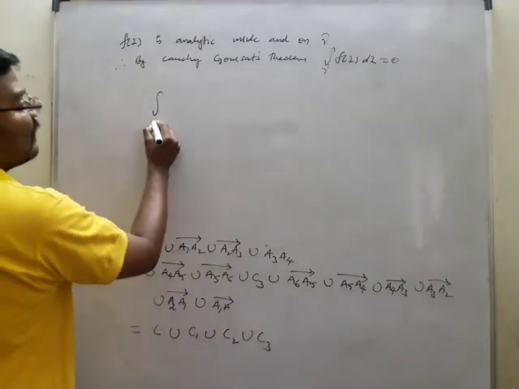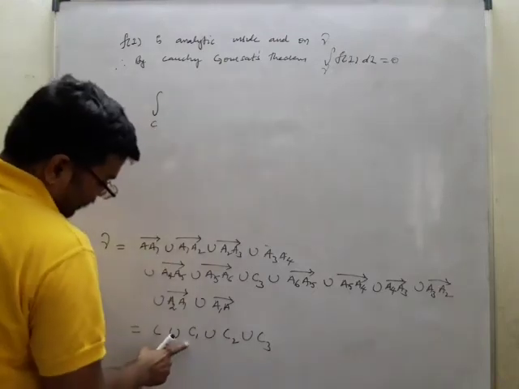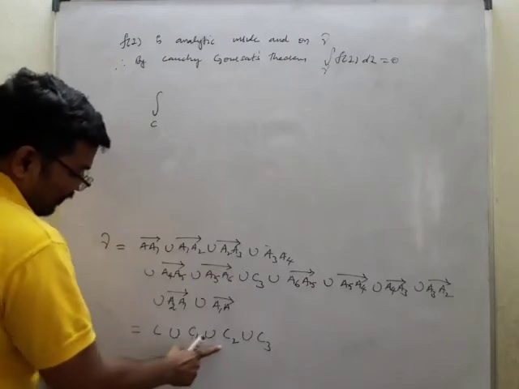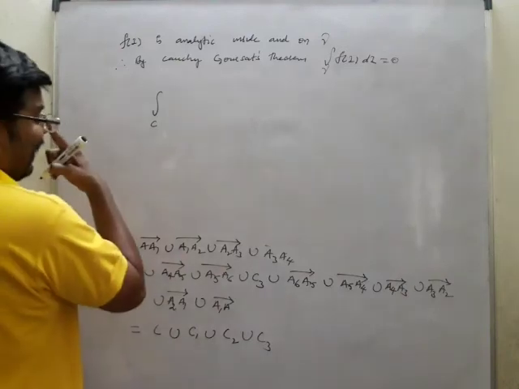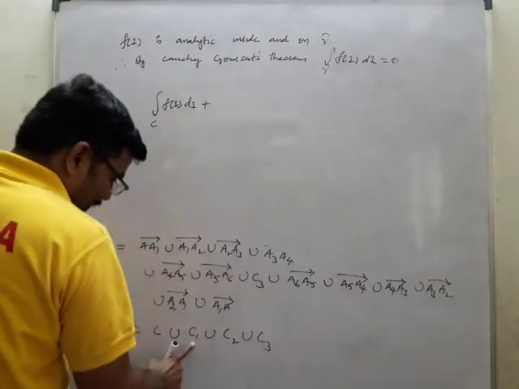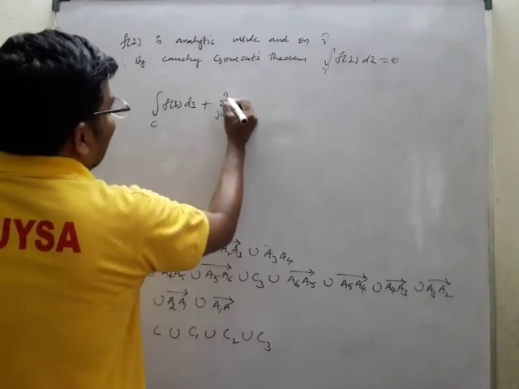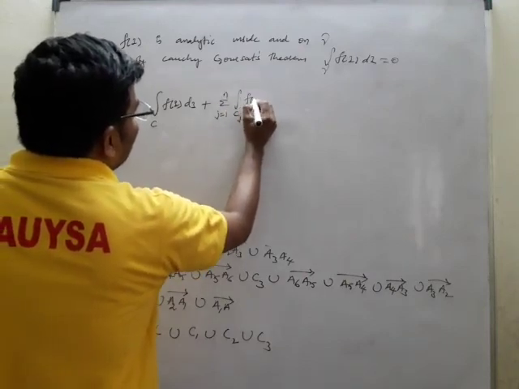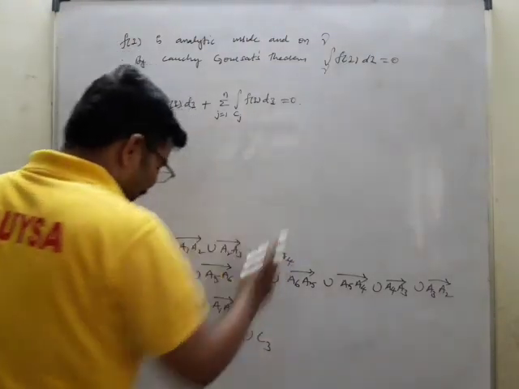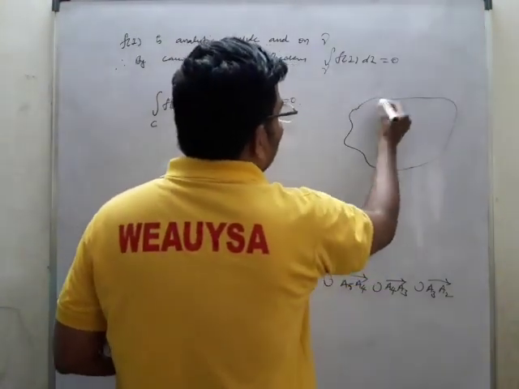So I may write this as integral over C plus C1 plus C2 plus C3, since union means plus. Otherwise I may write integral over C of f of z dz plus the summation j equal to 1 to n of integral over Cj of f of z dz equal to 0. Now this gamma is nothing but this whole thing. So that is how you can write it also, so that you get an idea.